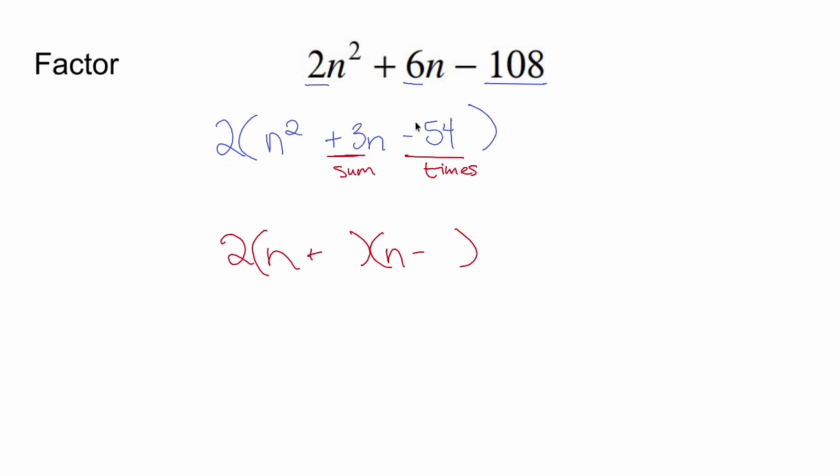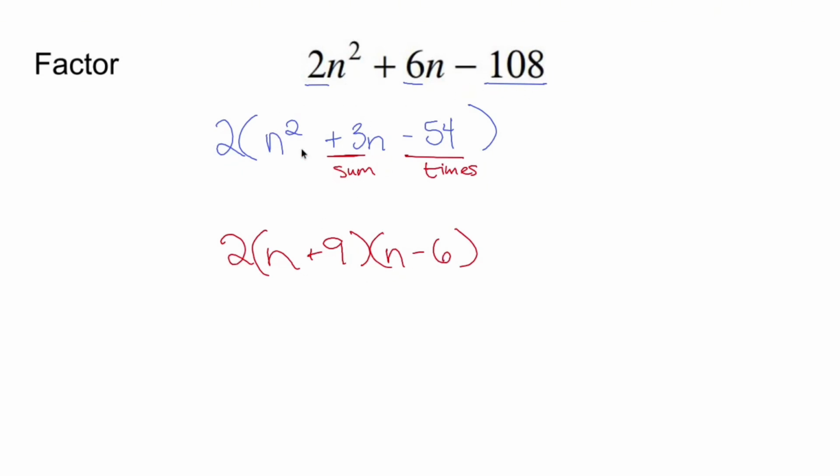Two numbers that multiply out to 54 are 6 and 9. Now 9 minus 6 is 3. But which one gets the positive, which one gets the negative? Well, the positive one's going to be the larger digit, because I end up with the larger digit right here. So 9 is going to be positive, 6 is going to be negative.